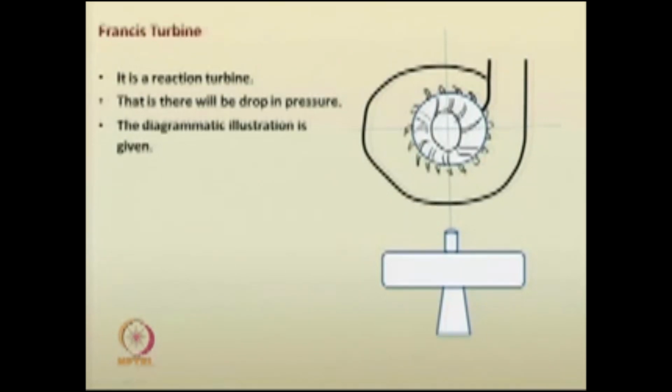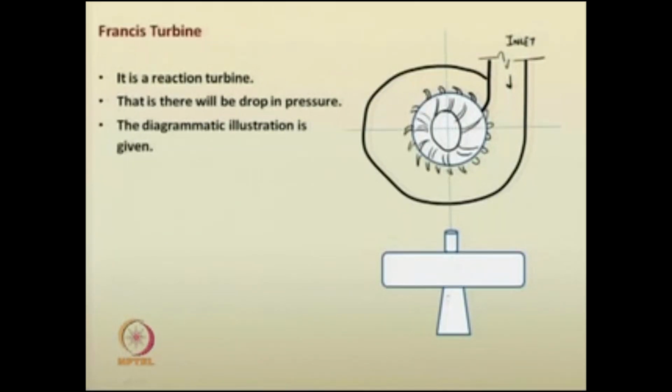Something like this. In this case, this is the inlet of the Francis turbine. Water comes like this, then it hits like this, then it goes on through the portion here.